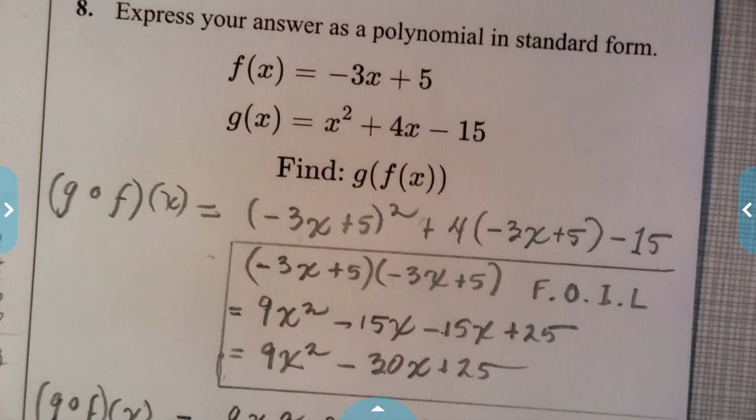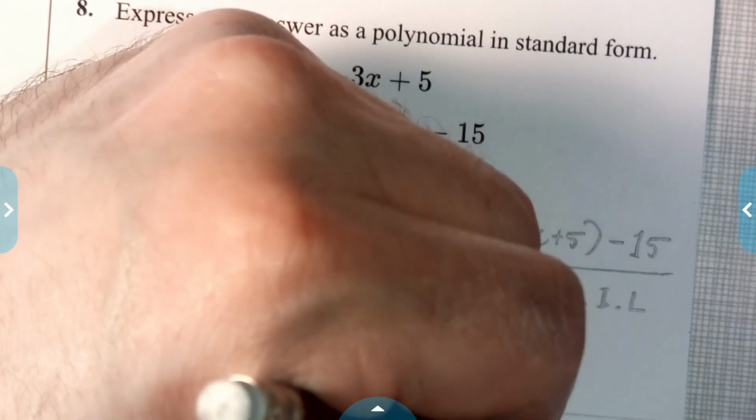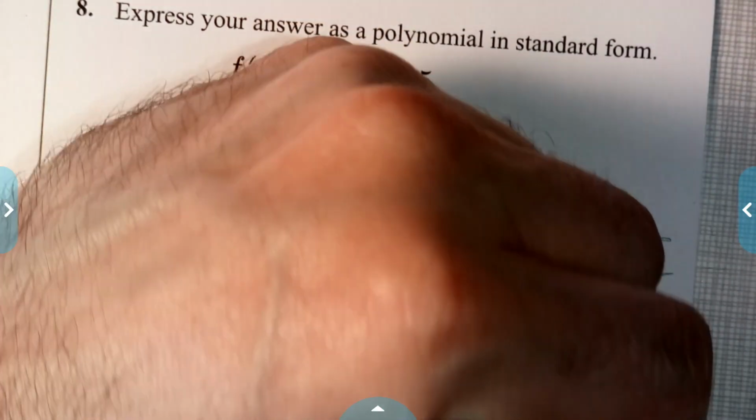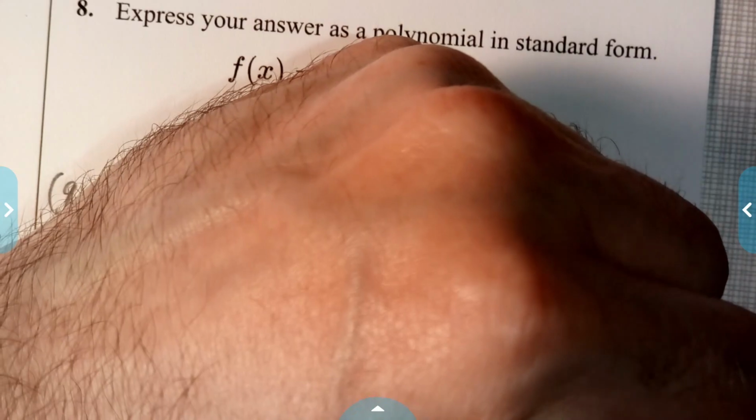And now we are going to put plus 4 times negative 3x plus 5 minus 15.